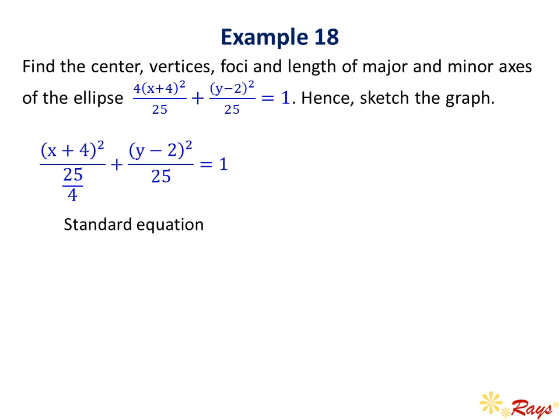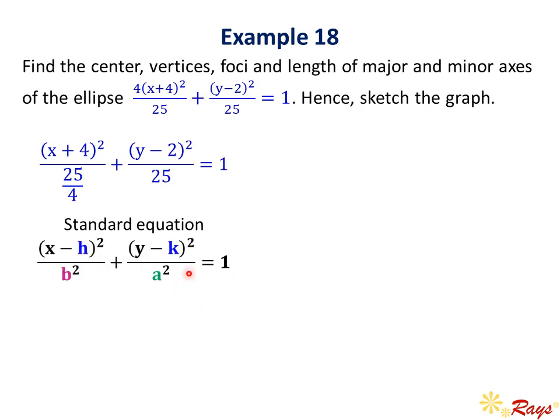Now we set up our standard equation. We can see here that the denominator for y squared is greater than the denominator for x squared. So therefore, we know that the major axis is parallel with the y-axis.